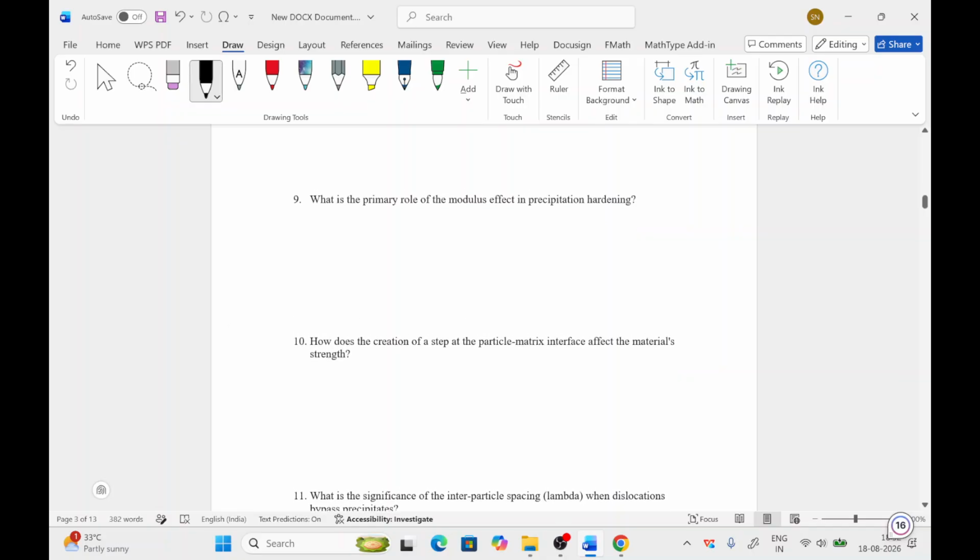Then, what is the primary role of the modulus effect in precipitation hardening? The modulus effect means the precipitate modulus is different from the aluminum matrix.